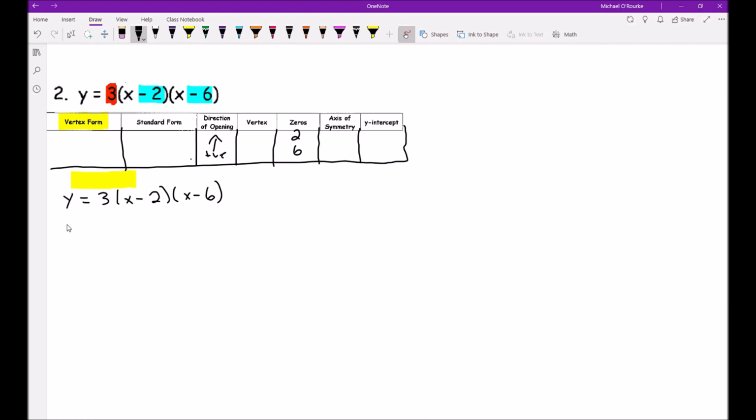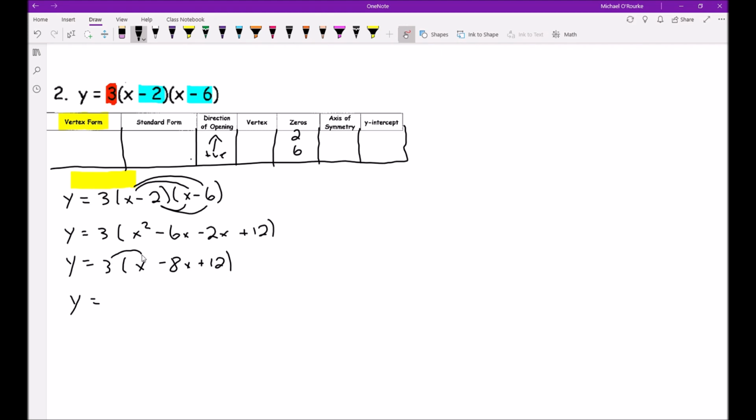FOIL, very good. 3 stays outside. I FOIL it. Good. So I can bring my like terms together. Then I rainbow in. Oops.